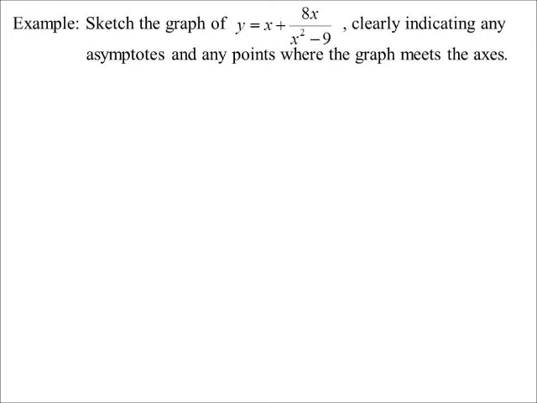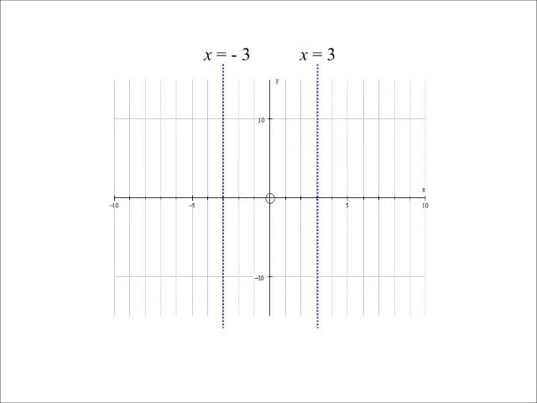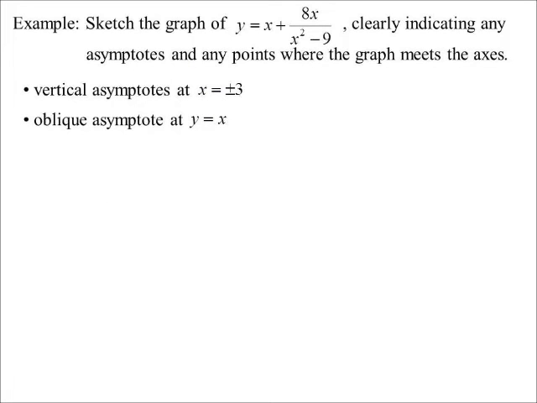So let's do this example. It's already been divided for us. y equals x plus 8x on x squared minus 9. I know the bottom of the fraction can't equal 0, so I'll have vertical asymptotes at plus or minus 3. Put those in. There'll be an oblique asymptote at y equals x, so we'll draw that one in.